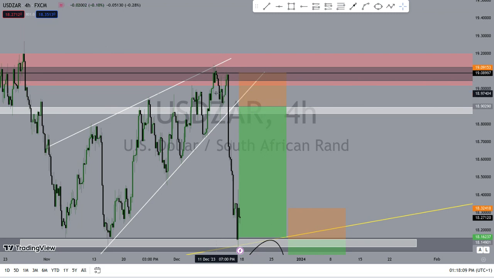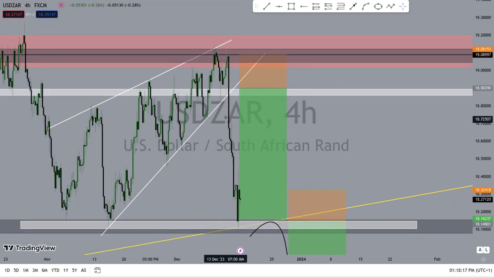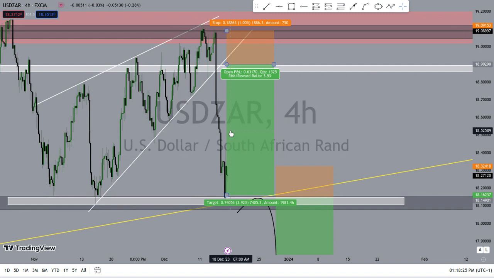You can see price gave us a double top around this region. Break. I was expecting a retest, but it never gave us a retest. The momentum was too much that it just went down, gave us multiple bearish candles, and then hit this level.